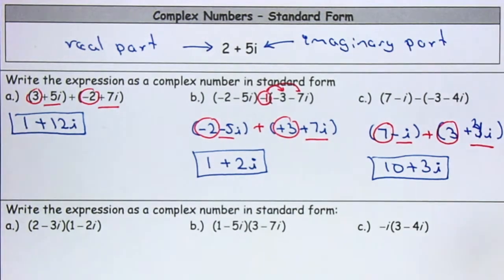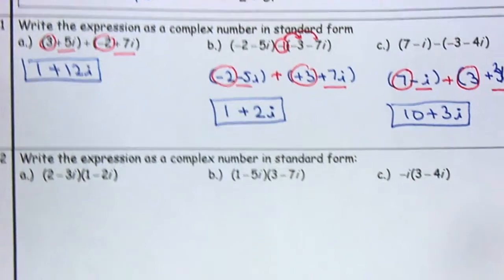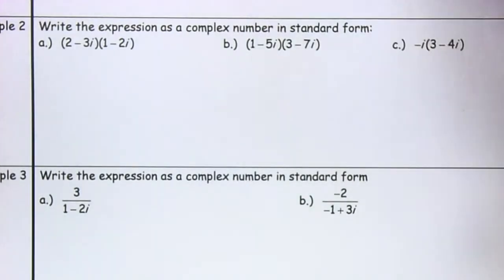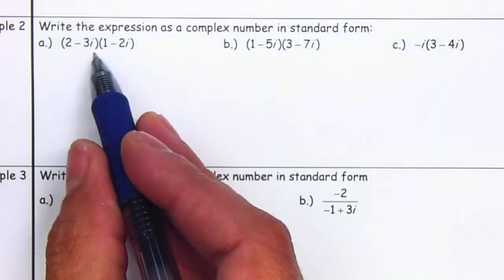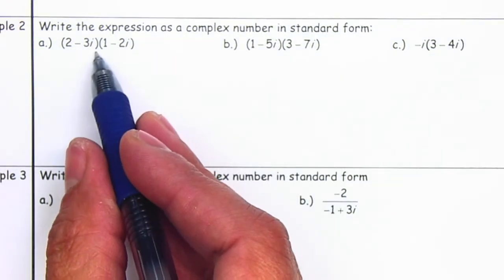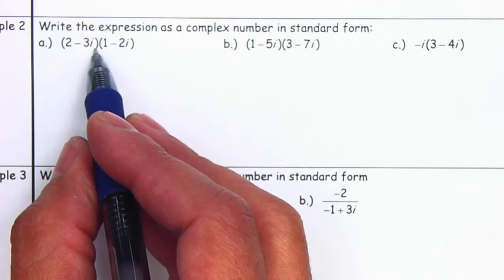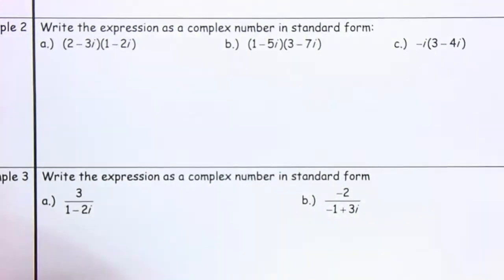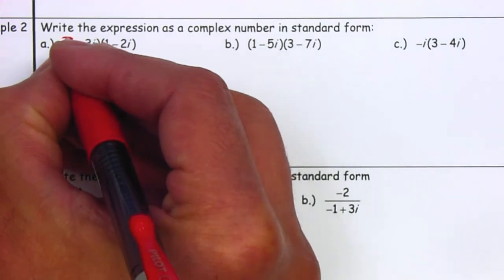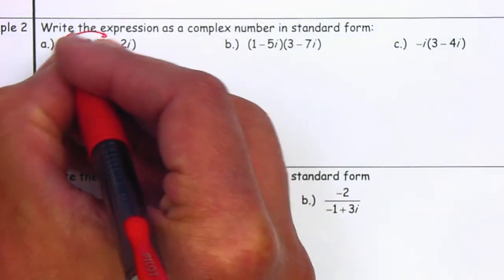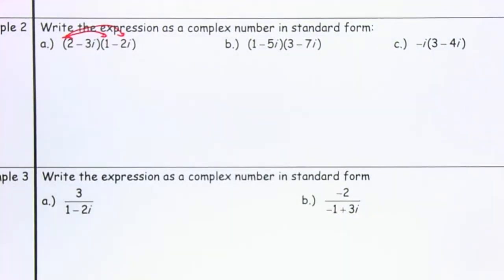Now for example 2, if you notice, we are multiplying. There's nothing in between both parentheses, nothing in between both complex numbers. So we are going to multiply, and we're just going to FOIL. We're going to multiply the 2 times the 1 and the 2 times the negative 2i.